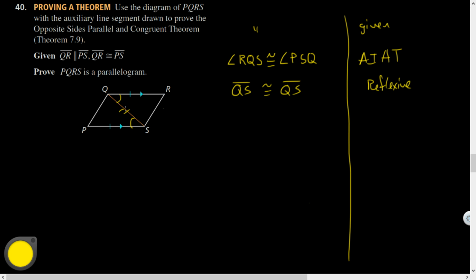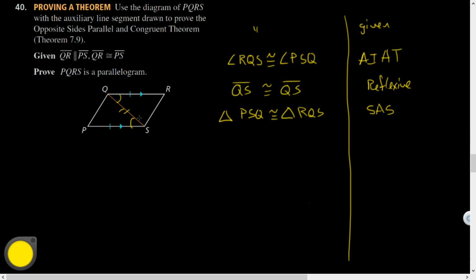Do I have enough to prove these two little triangles are congruent to each other? So I'll call that triangle PSQ is congruent to triangle RQS. And why are those two congruent to each other? Side, angle, side, because I've got two sides, and the angle in between them is congruent.